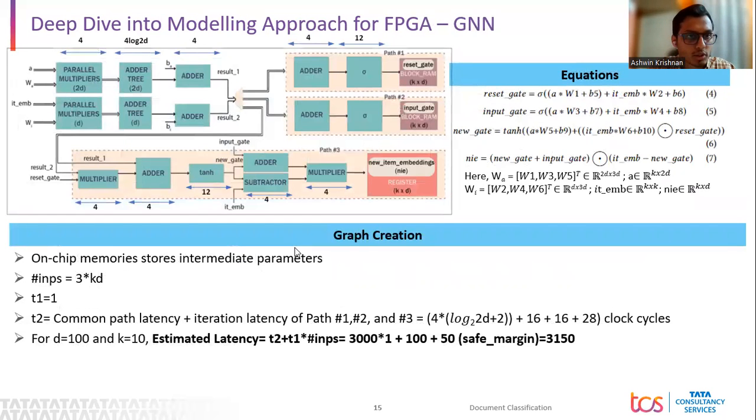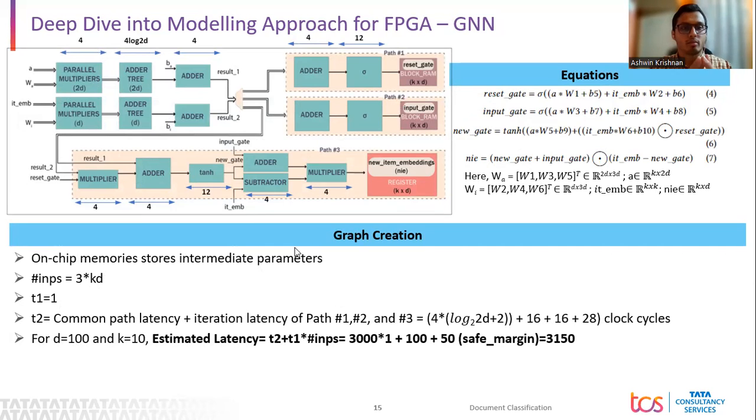The total resources would be a pair of parallel multipliers, adder trees, and an adder. The entire set would be replicated twice, and the resource consumption would be around 1200 DSPs, which, if we add up all the resources, would go beyond 70% of the total resources available to us.